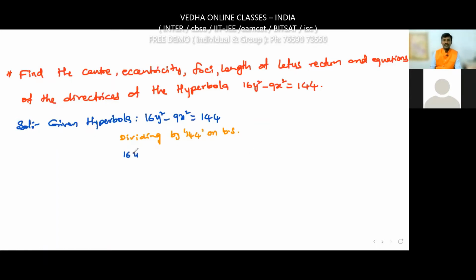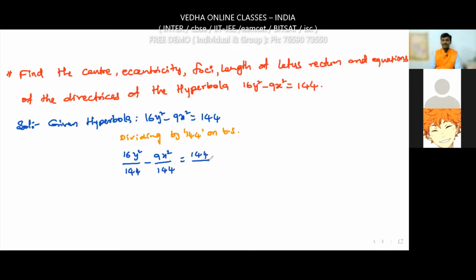We get 16y square divided by 144 minus 9x square divided by 144 is equal to 144 divided by 144. 16 nines are 144, 9 sixteens are 144, 144 gets cancelled, so we get 1.